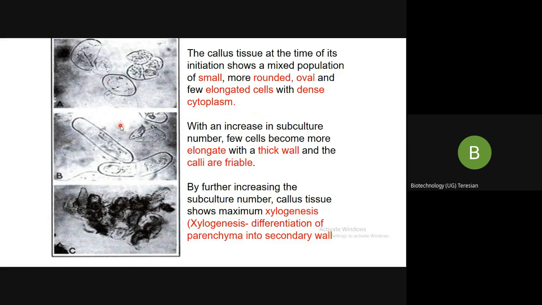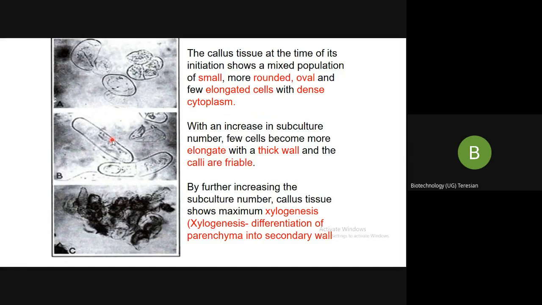With the increase in the subculture number, few cells become elongated with thick wall, and the calli are friable. It is the calli or the callus, singular and plural, that I'm using.